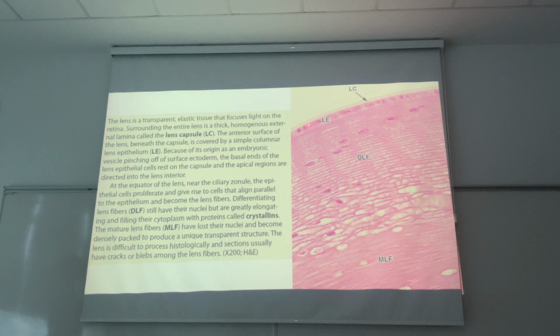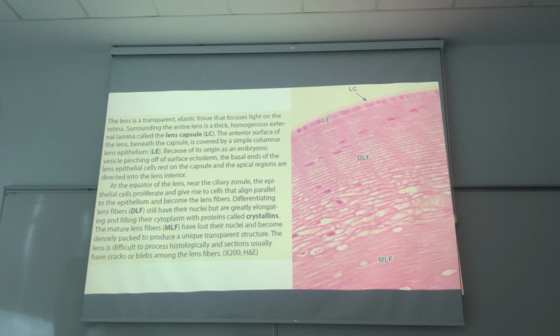These cells go to the equatorial ridge of the lens and then start mitotic division and transform into long cells. Here you can see these long cells.